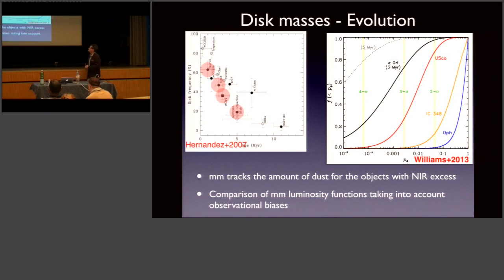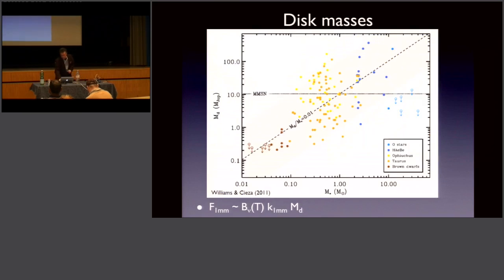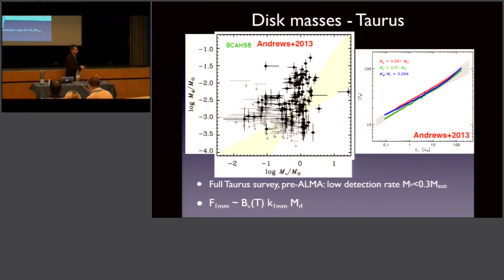And if you take the Taurus survey that I showed, this survey here, as a reference, okay, Taurus is a young star-forming region, say, between 60 and 70% of the stars have infrared excess, and this 60-70% of stars with infrared excess have this distribution of disk masses.